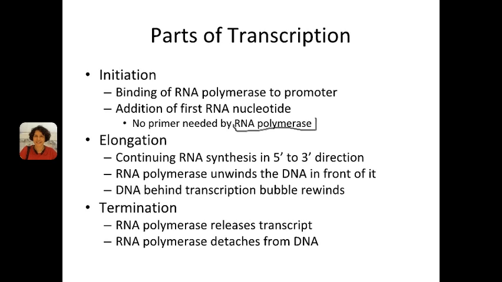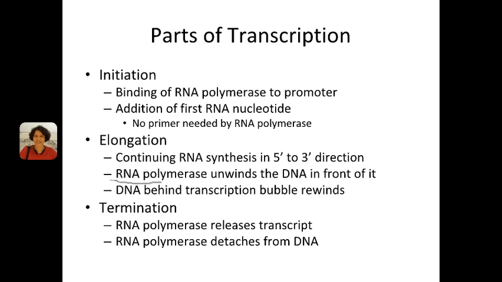After initiation comes elongation. The same RNA polymerase is going to keep adding new nucleotides going in the 5' to 3' direction. In other words, it always adds to the 3' end. And in doing that, RNA polymerase is going to unwind the DNA that is right in front of it and rewind it behind it.